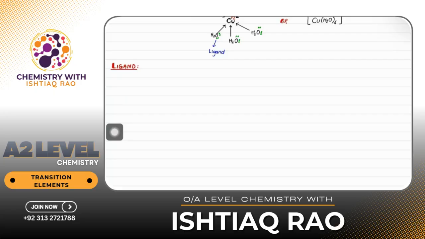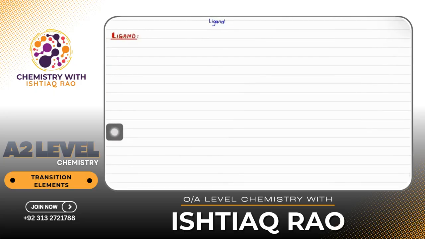Ligand means a substance which is an electron pair donor. Do you remember the reaction mechanisms from AS? We used to discuss nucleophiles. What do you mean by nucleophile? Nucleus loving means that they are going to have a negative charge.